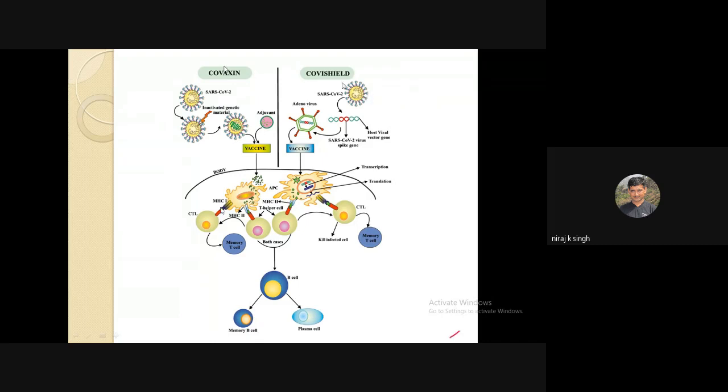You see here the picture of the coronavirus. Coronavirus has spike proteins. The gene responsible for the spike protein has to be incorporated into the genome of adenoviral vectors. This recombinant adenoviral vector infects cells after injection, and the infected cells produce the spike proteins of the coronavirus and provide protection against COVID. So this is one approach by which biotechnological intervention can provide immunity to animals.